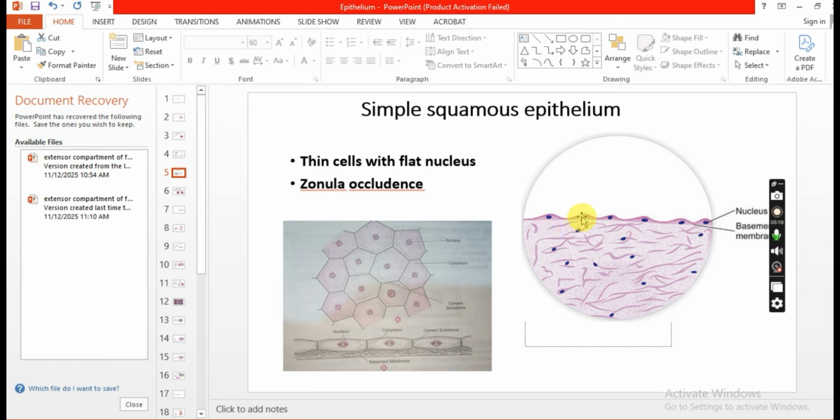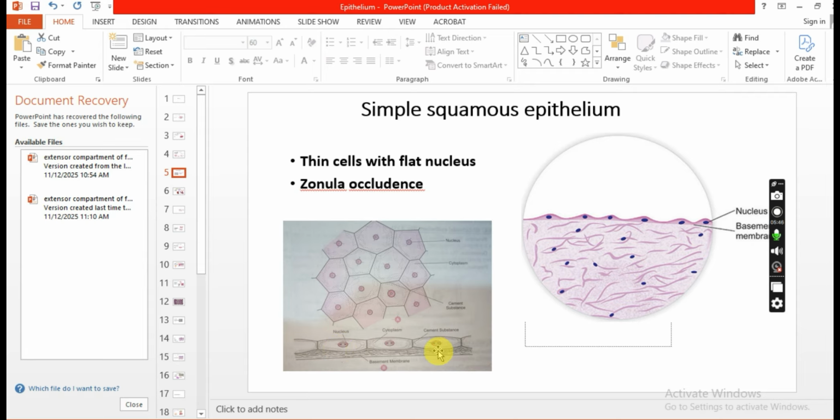This is how it looks in side view. But on surface view, a panoramic view, the cells look polygonal. The same cell is seen as a thin, flat cell with a central flat nucleus and very little cytoplasm.